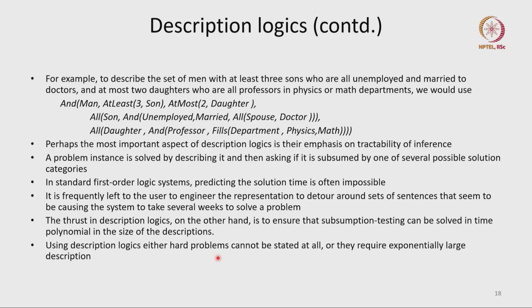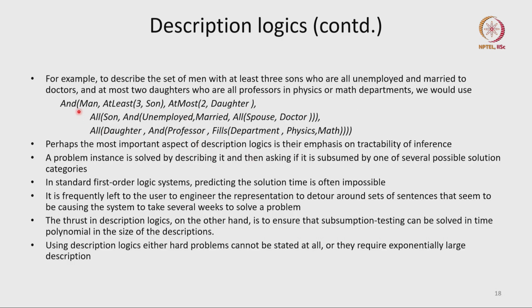You have to describe the set of men with at least 3 sons who are all unemployed and married to doctors, and at most 2 daughters who are all professors in physics or maths department. You could put it in description logic in this way.